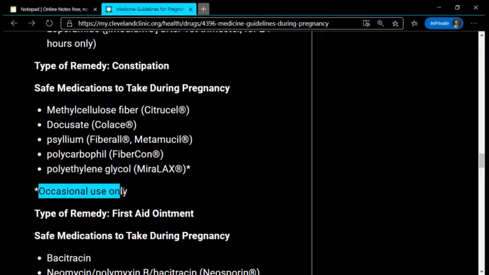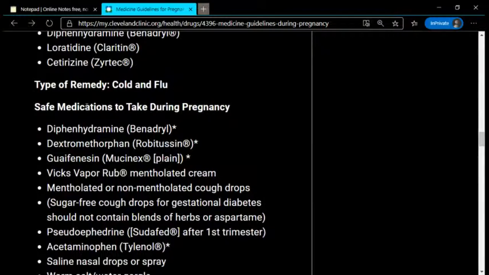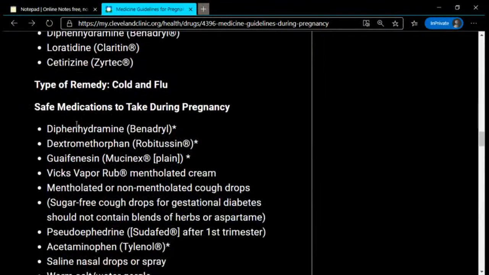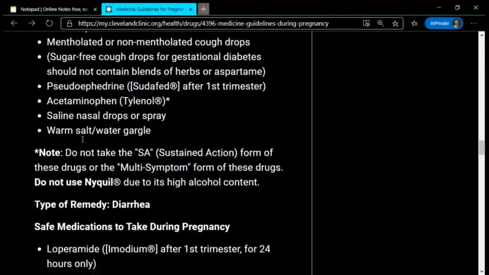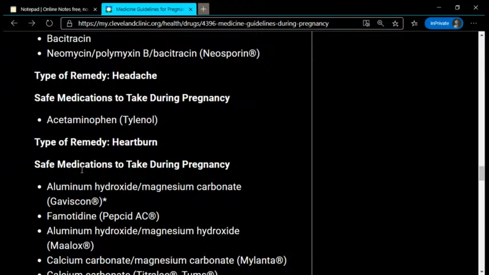Only these are for occasional use. Most of them are here and can be used only during occasional use.